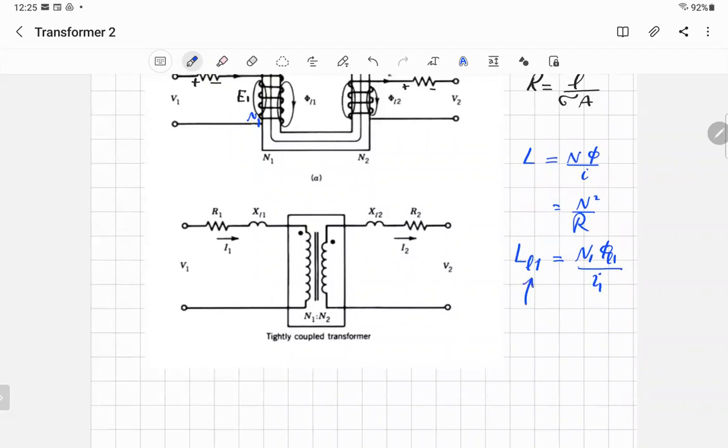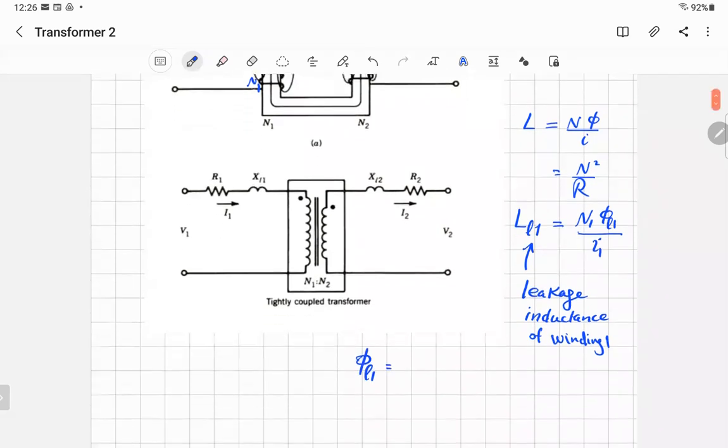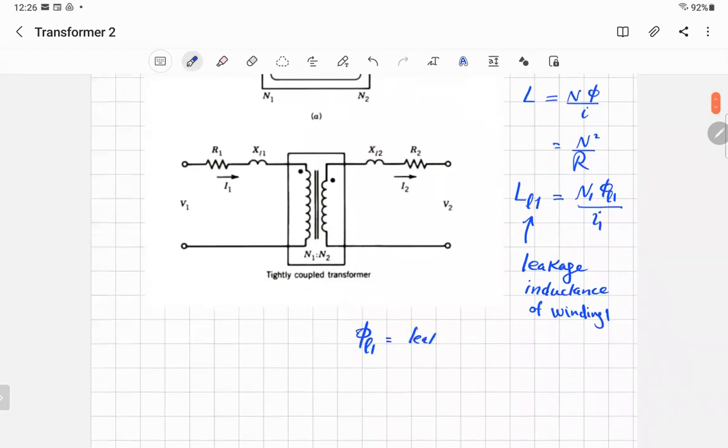L in general is inductance, but small l, capital L small l, that's the leakage inductance. Since we wrote one, it is winding number one. What's phi L1? It's the leakage flux related to winding one.